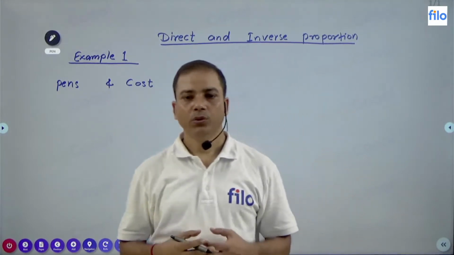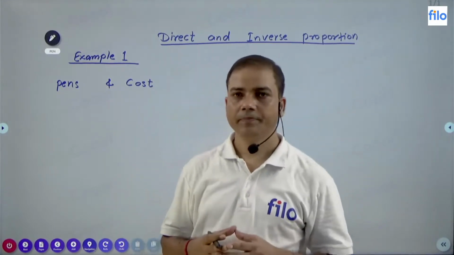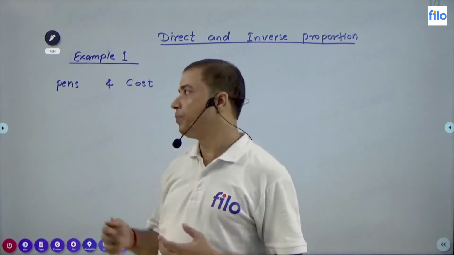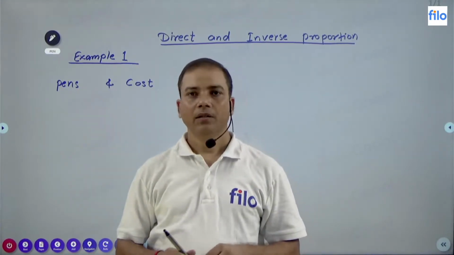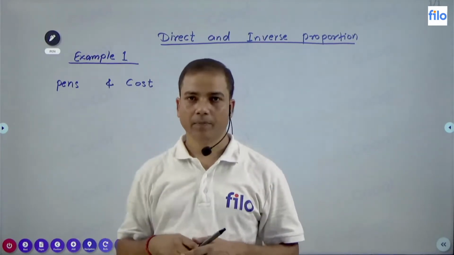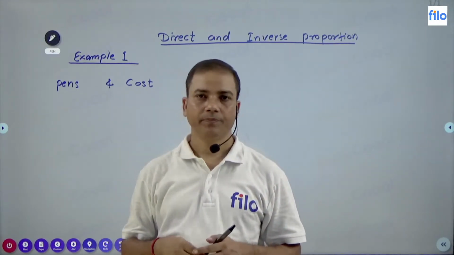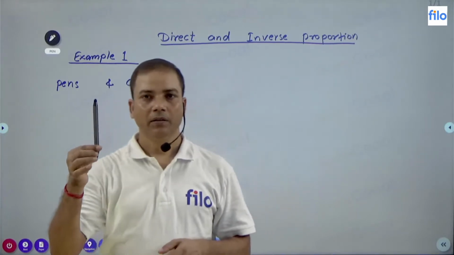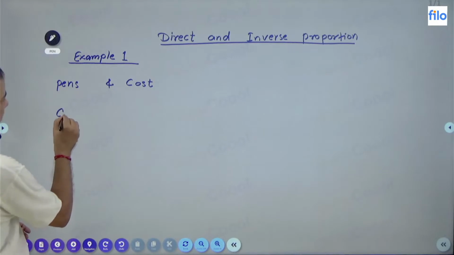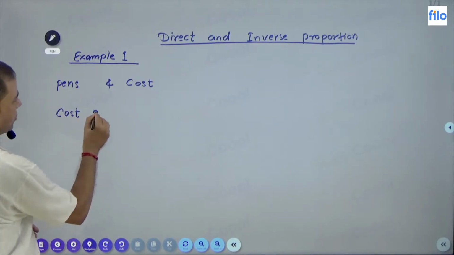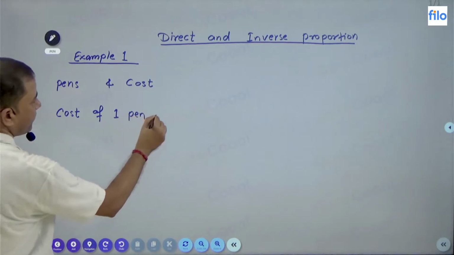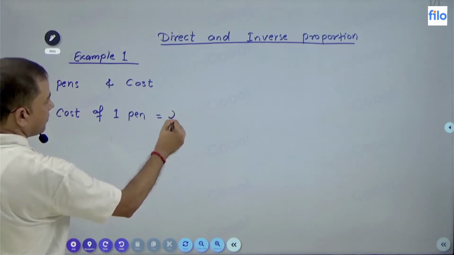You go to a stationery shop to buy a few pens. Suppose one pen costs 10 rupees. Cost of one pen equals 10 rupees.